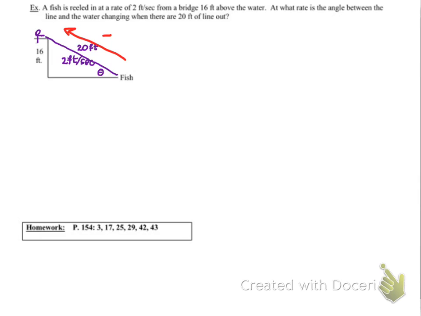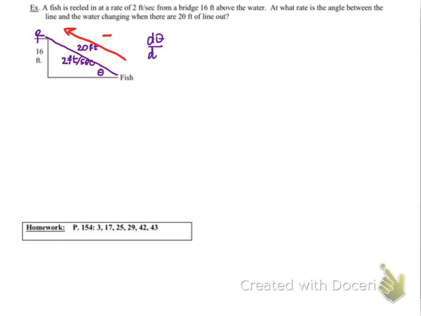Okay, so I got all my stuff placed. I haven't figured out what we're looking for yet. We're talking about the rate the angle between the line and the water is changing. So that is what we're looking for.